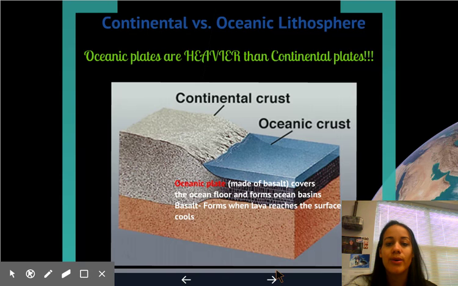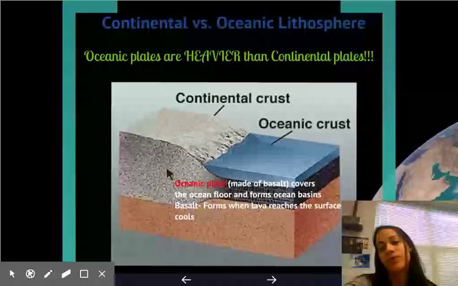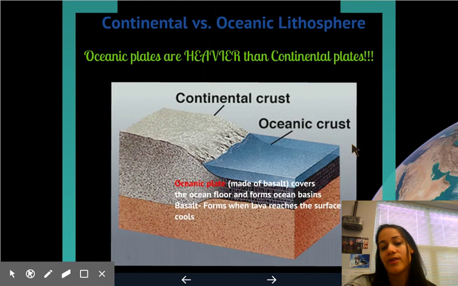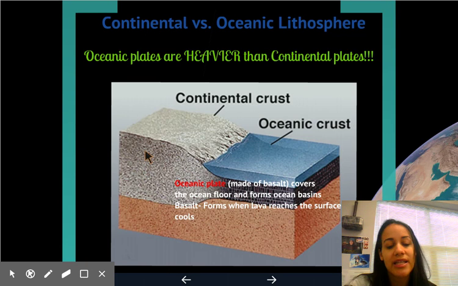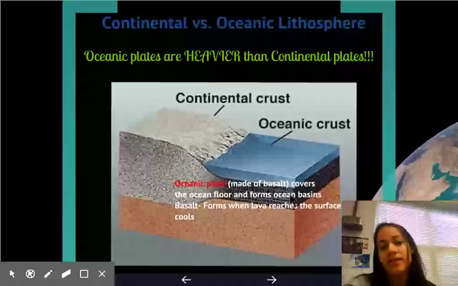All right, so in the last chapter, we talked about the difference between continental crust and oceanic crust. The oceanic crust is much denser. If you look here, it's more concentrated, and the continental crust has a lot more air pockets and is lighter. Still pretty dense, but not as dense as the oceanic crust.